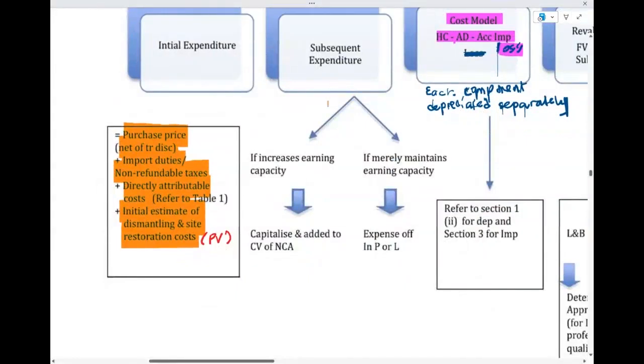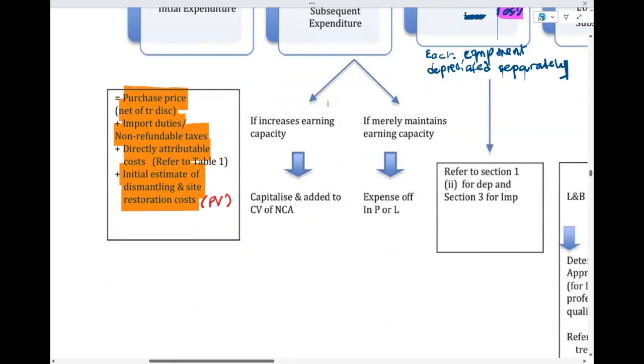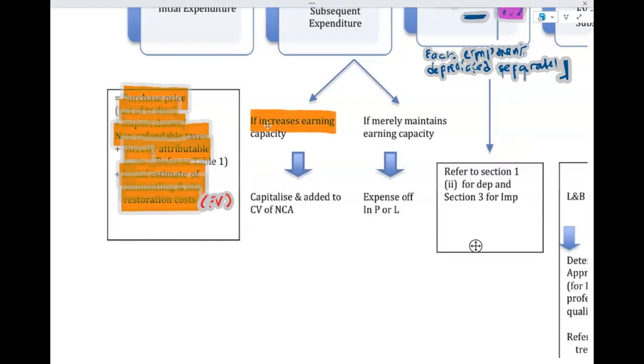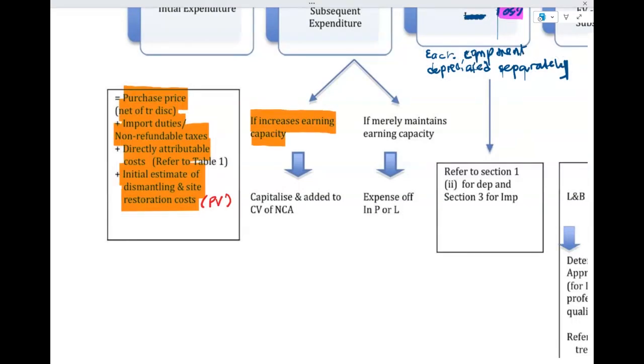Okay, do you still recall that there is something called capital expenditure, revenue expenditure? The first class, I'm very sure, was what is capital expenditure and what is revenue expenditure. So what is capital expenditure? Purchase of PPE or improvement in the PPE to increase earning capacity. Do you remember?